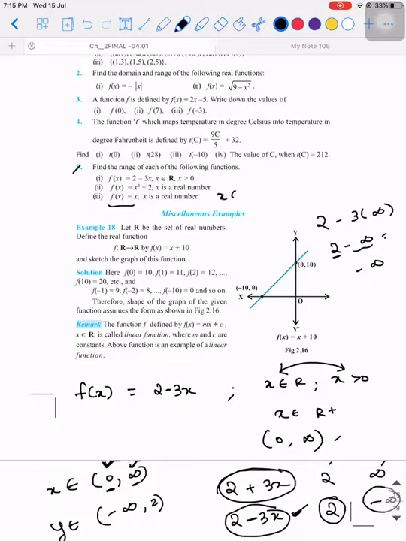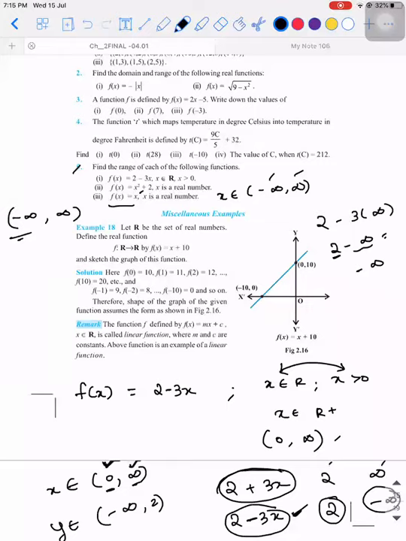When they say x belongs to real numbers, x belongs to minus infinity to infinity. When you substitute minus infinity here, what is the value of y you are getting? Minus infinity. When you substitute plus infinity, what will you get? Infinity. So that's the range. Did you understand this? Yes, sir.